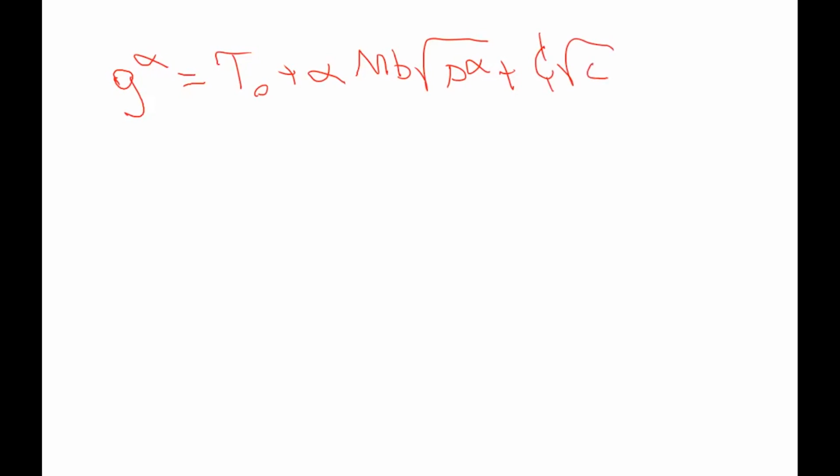We have some G, and the G alpha is just the lattice resistance plus the strain hardening contribution plus solution strengthening with square root of C plus all the other terms. All right.